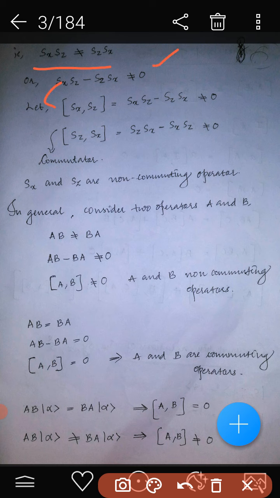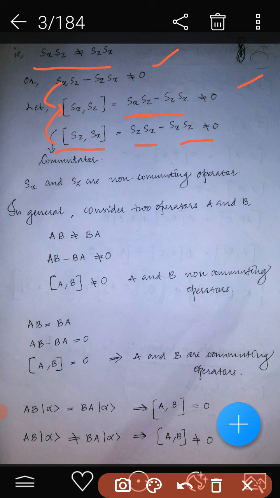So this can be expressed in commutator form, that is [Sx, Sz] = SxSz minus SzSx, which is not equal to 0.